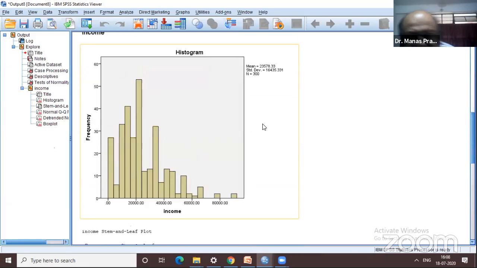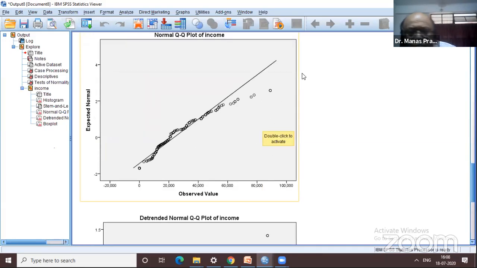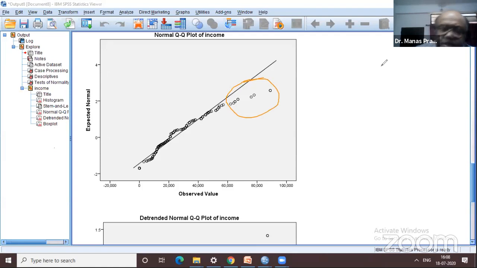This is the histogram for income. This is the QQ plot. You see, here the values are separated from the line. Some extreme observations are there. Because of that, the data may not follow a normal distribution.